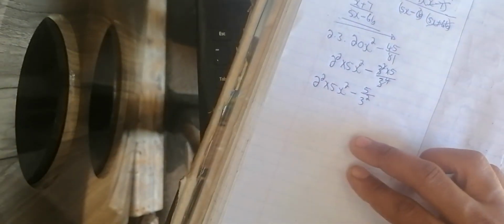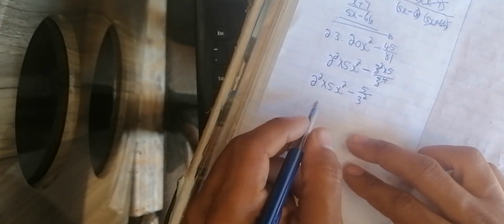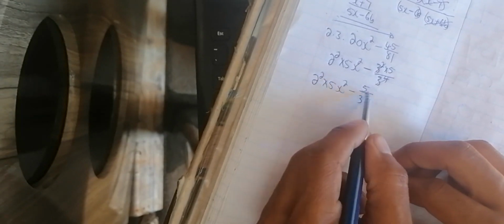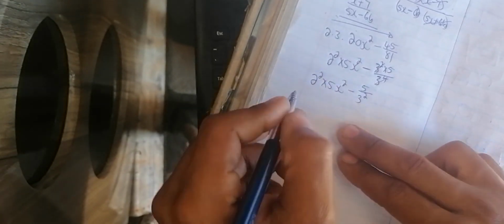Right, what I can do from here is the following. I'm factorizing. There's something common this side, which is also common on that side, which is 5.